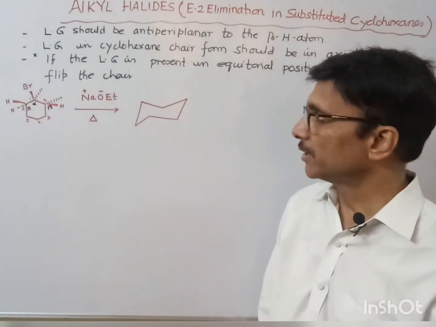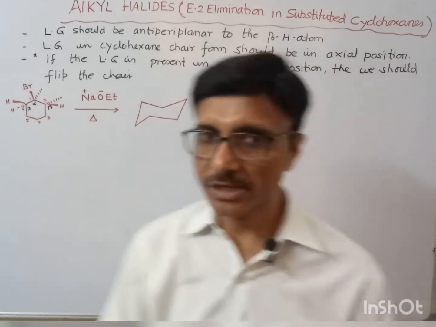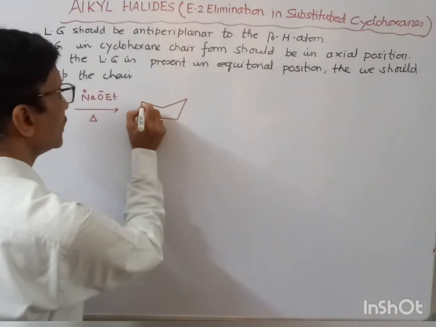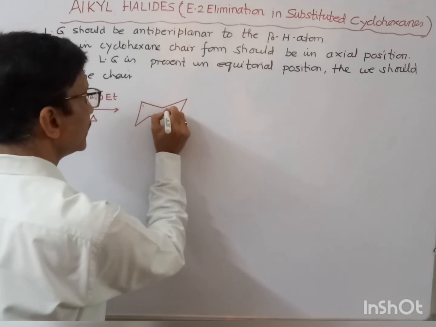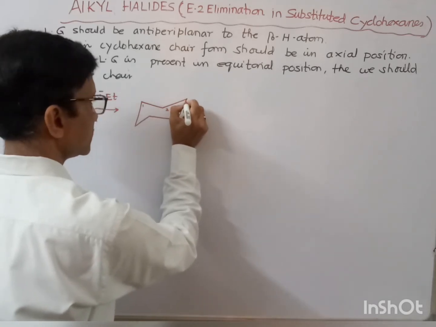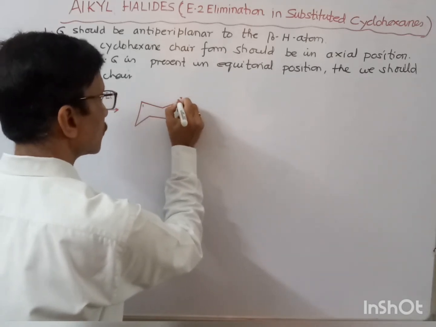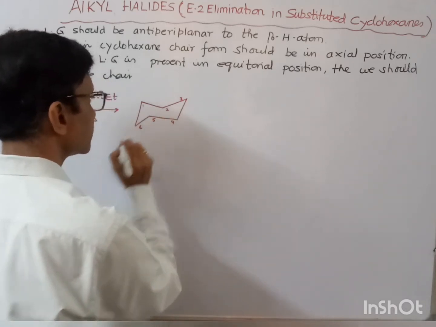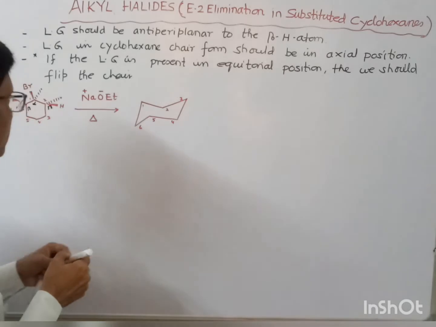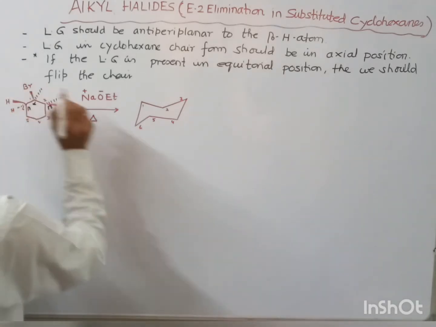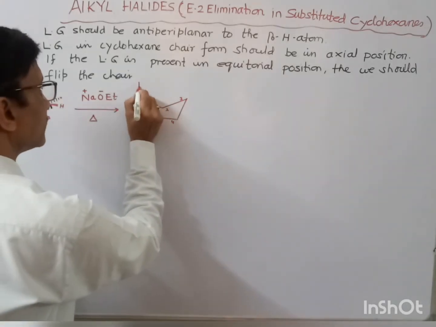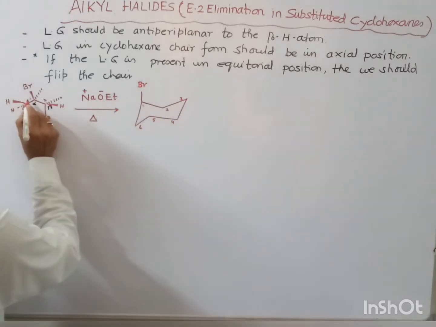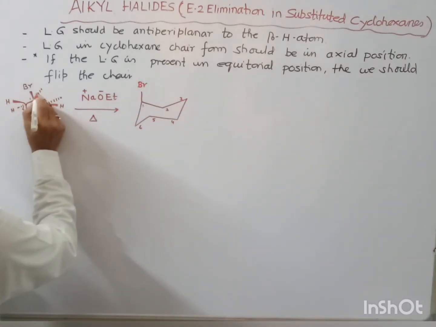Now in the chair form, suppose this is given number 1, this is number 2, this is number 3, this is the 4th position, this is the 5th position, and this is our 6th position. At the first position, bromine is above the plane, and this CH3 is below.